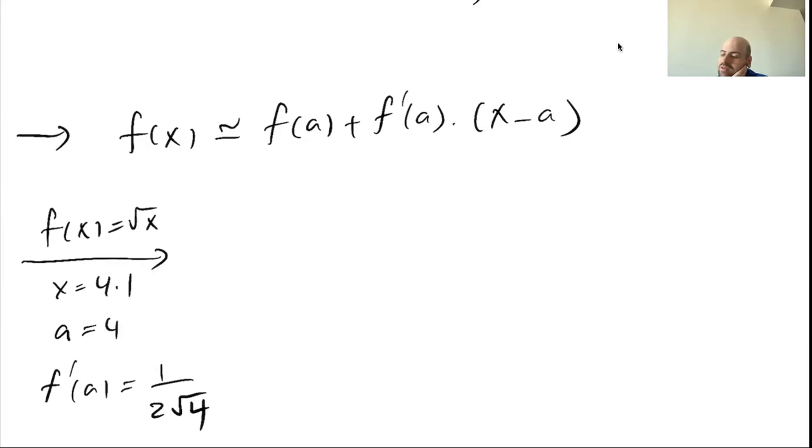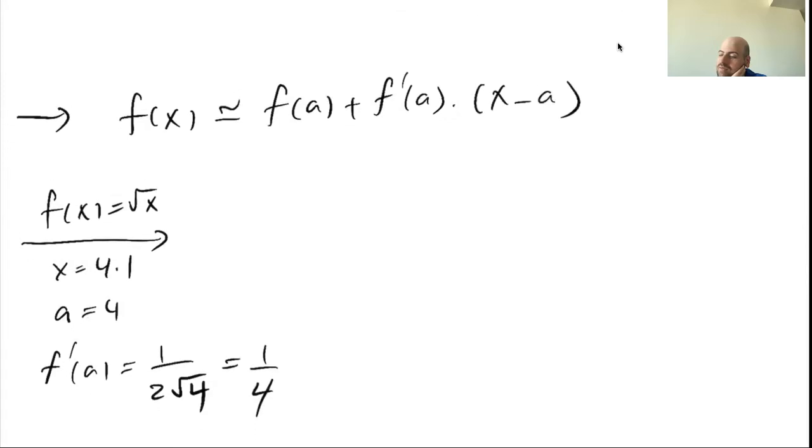That one we can calculate, which is going to be 1 over 4. And yeah, we have everything.